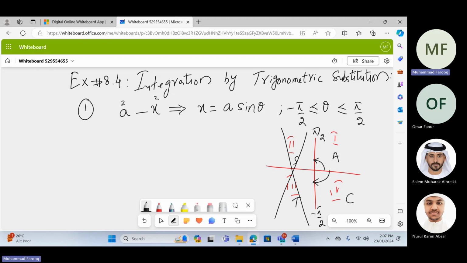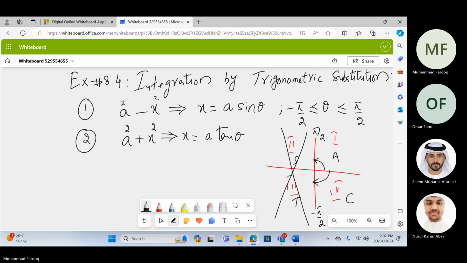Now, number 2. If your question looks like a square plus x square, meaning constant square plus function square, you substitute x as a tan theta.